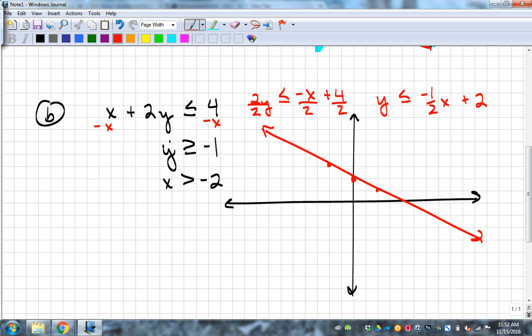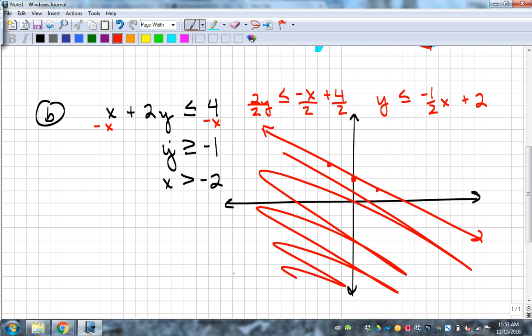Yes, because the line doesn't go through it. So is 0 less than or equal to 2? Yeah, 0 is less than or equal to 2. So that means I want to shade toward the 0, 0. So that would be this direction. So I'll lightly shade that side of that line.